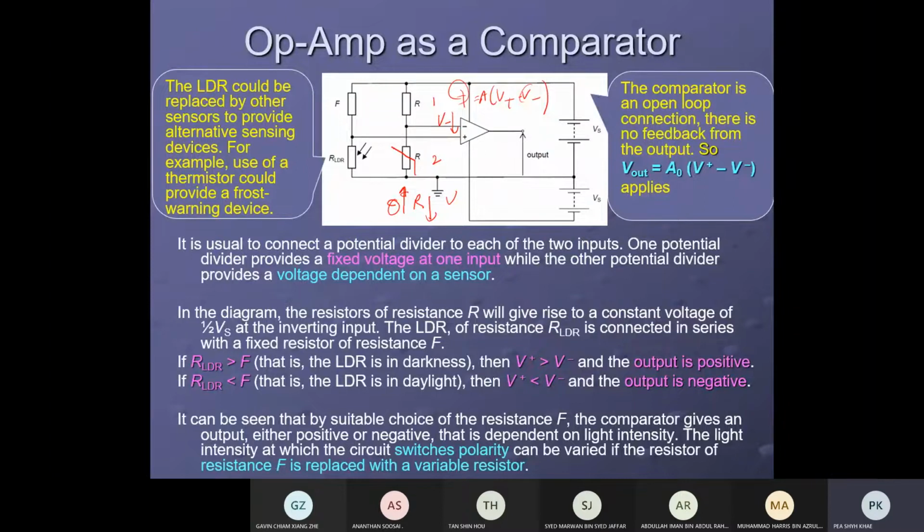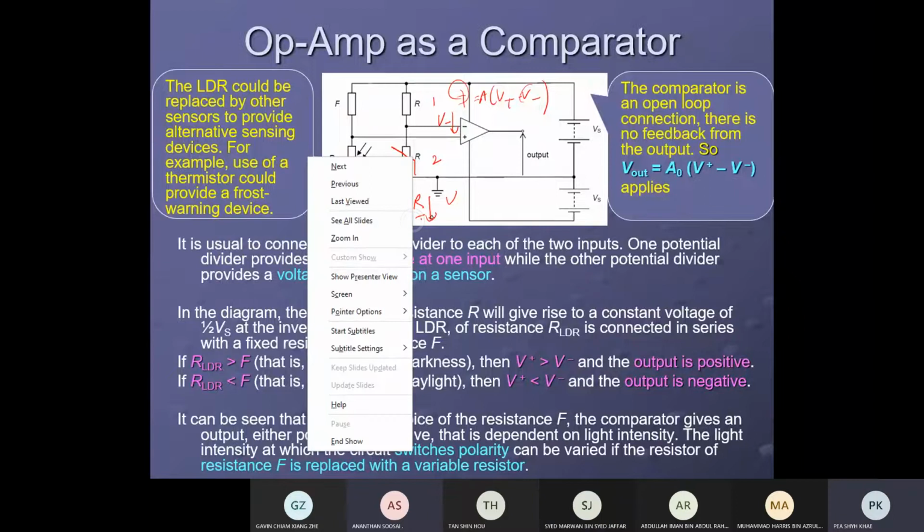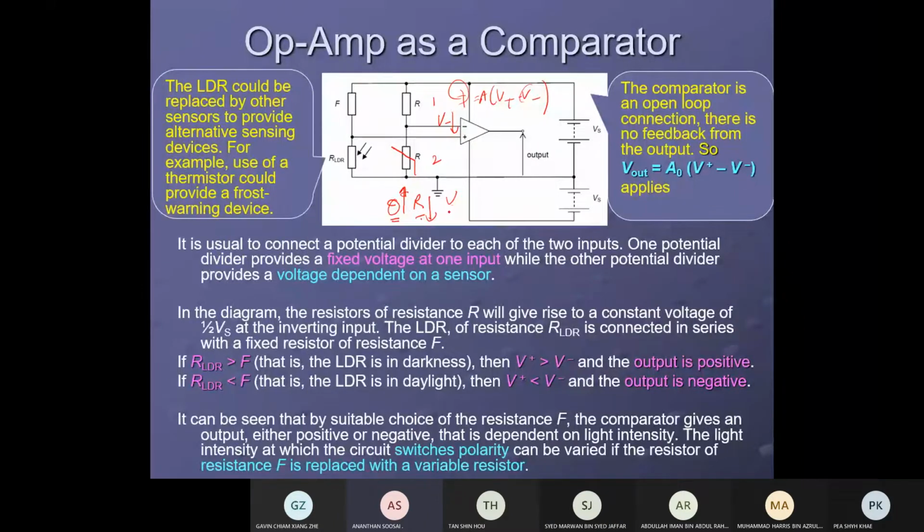Then the higher temperature will cause the alarm to sound. So you see, if the temperature gets high, resistance goes low, right? Yes. Resistance goes low, voltage gets low. Low resistance uses low voltage.